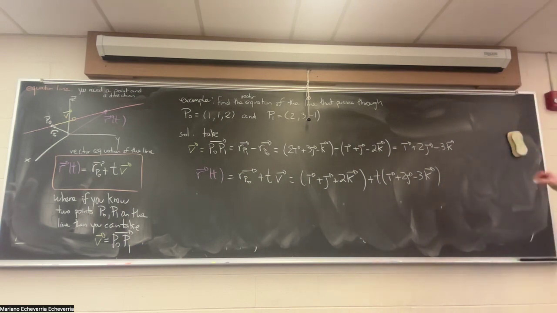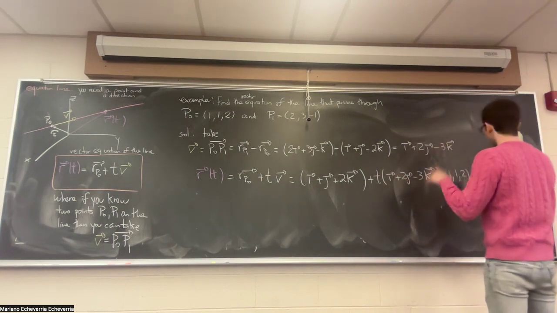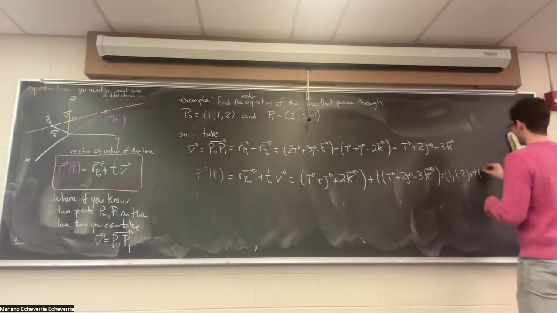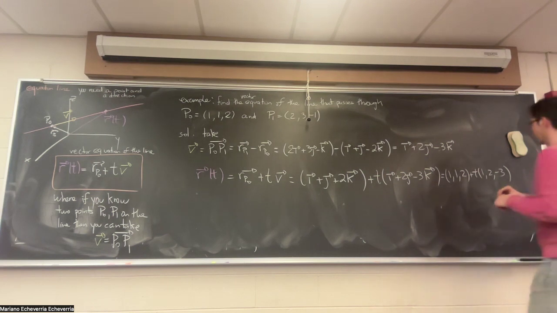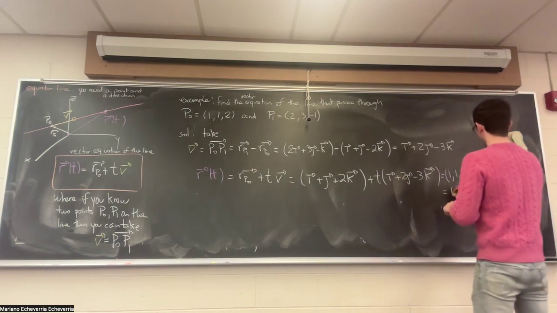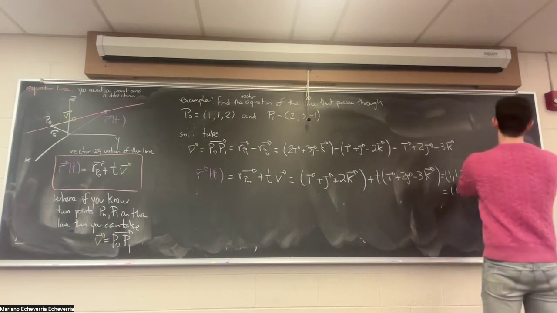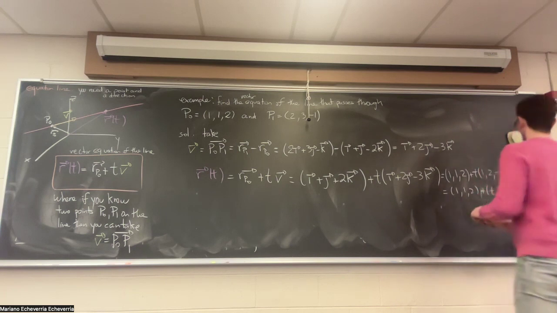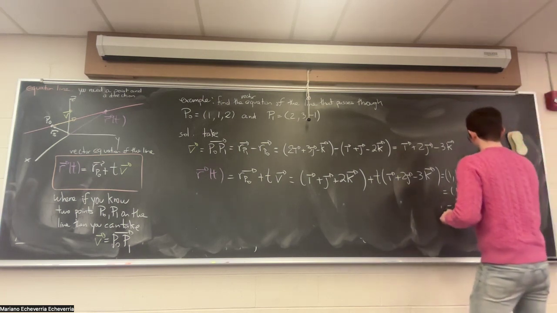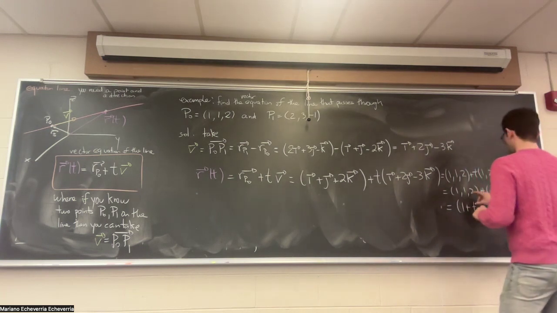And again, if you want, just for computing it, it's easier to write it in terms of the coordinates. You can go back and forth, that's fine. So if you do that, that gives you 1, 1, 2. Remember to multiply a number by a vector, you just multiply each entry, so you get t, 2t, minus 3t. So that gives you 1 plus t, 1 plus 2t, and then 2 minus 3t.